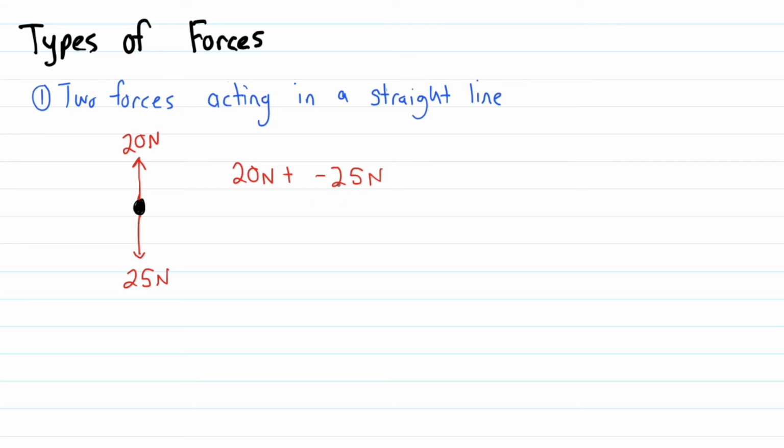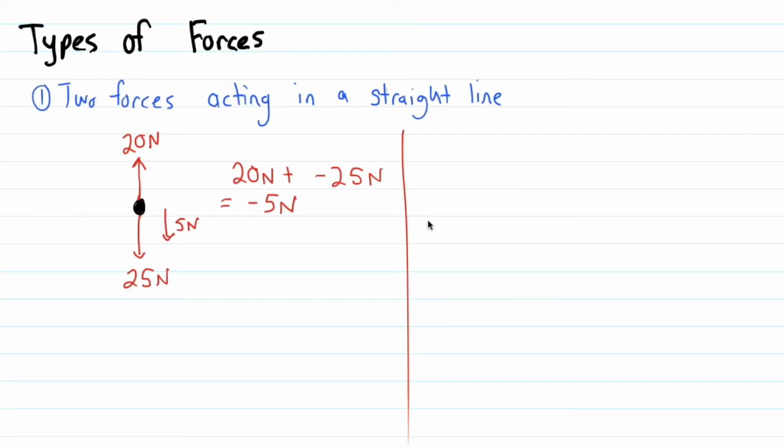Again, the reason I put a minus 25 is because I assume that all forces going up are positive and all forces going down are negative. And what I get as a resultant force is a minus 5 Newton. This minus 5 Newton indicates that the resultant force is going in a downwards direction at 5 Newton.